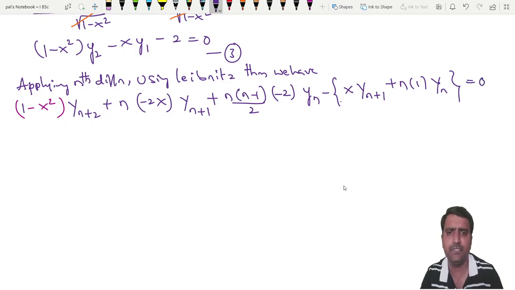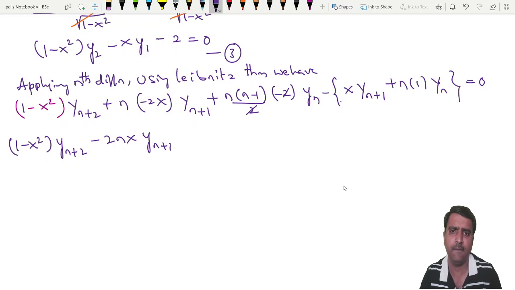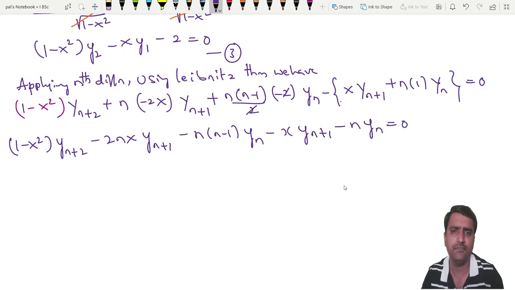Here you can cancel this 2 and 2. Now we have 1 minus x square into yn plus 2, and now it is minus 2nx into yn plus 1 minus of n into n minus 1, because minus is remaining here, minus of n into n minus 1 into yn, minus of x yn plus 1, and it is minus n into yn is equal to 0.